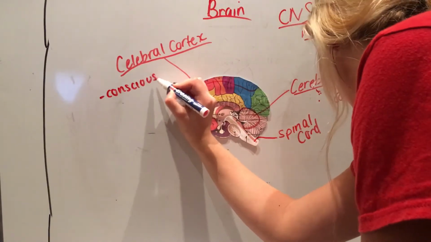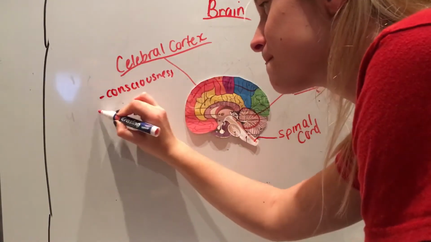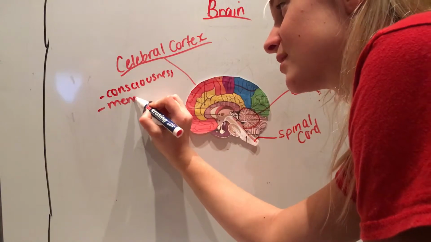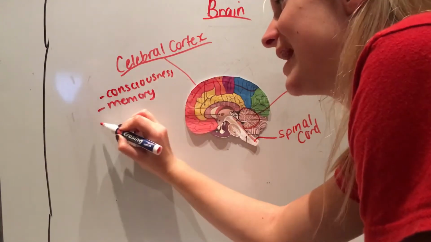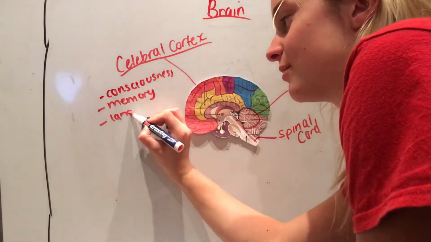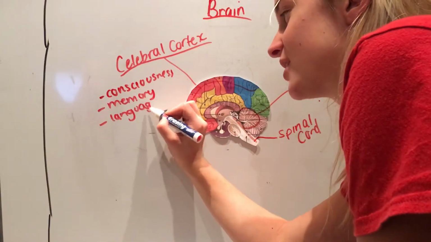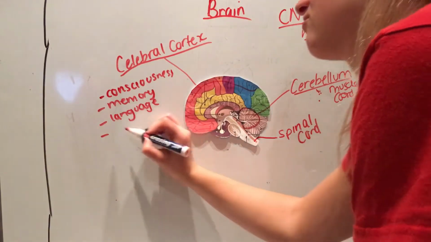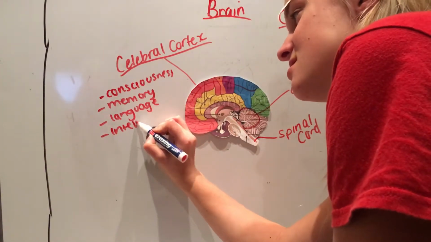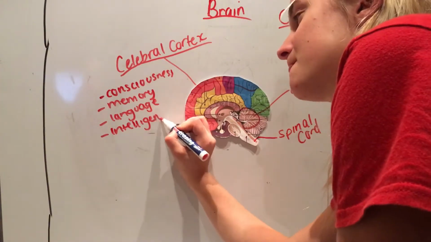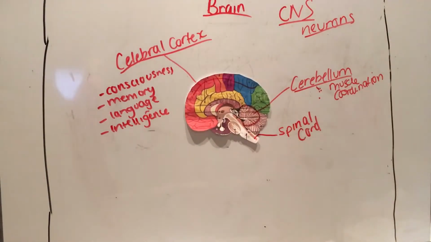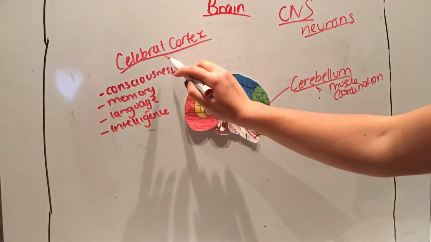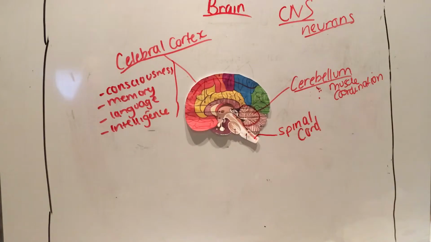It is responsible for things like memory, your speech, your language, something that I'm struggling with as I try to speak, and things like your intelligence. You can thank the cerebral cortex for that stuff. Jot that down, I'd advise it.